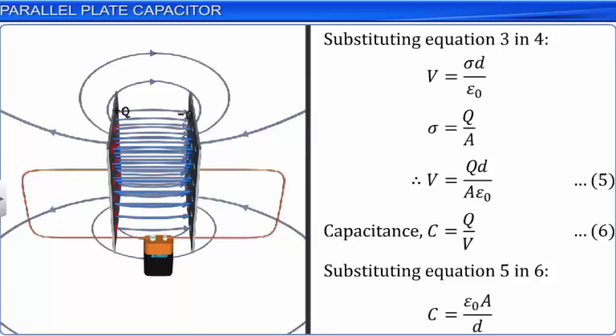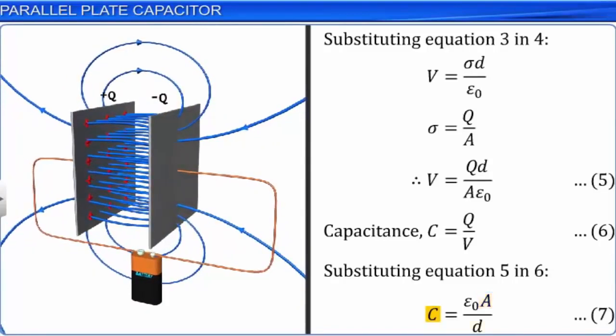This expression for the capacitance shows that the capacitance is directly proportional to the area of the plates A, and inversely proportional to the distance between the plates.